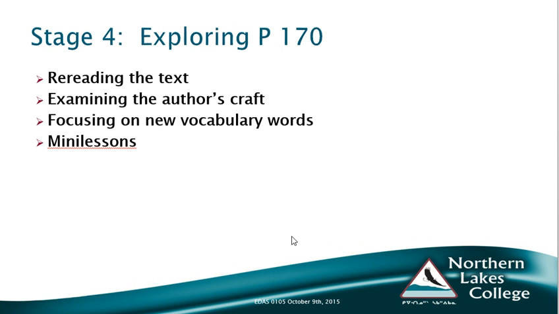Stage 4 is all about exploring the textbook and examining how the author came up with the story and the words that he chose. Are there new vocabulary words that you need to know? The last thing you're going to do in the exploring part is a mini lesson on the text.